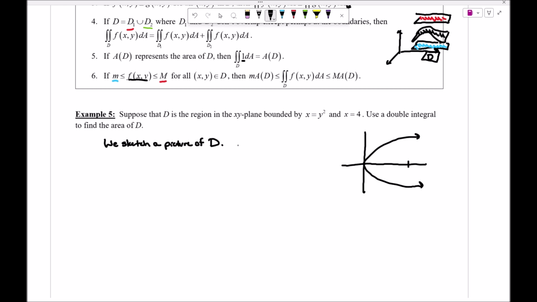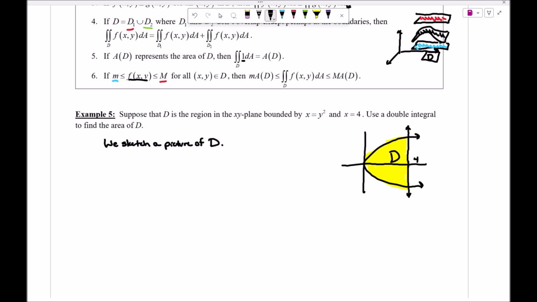And x equals 4 should just be a vertical line. And so my region D should be right here, everything that's bounded by these two curves. Okay.